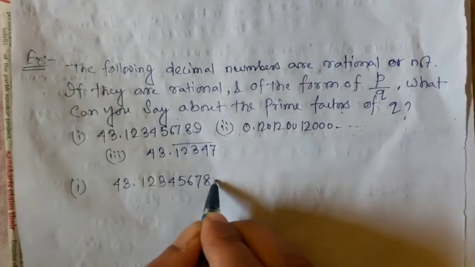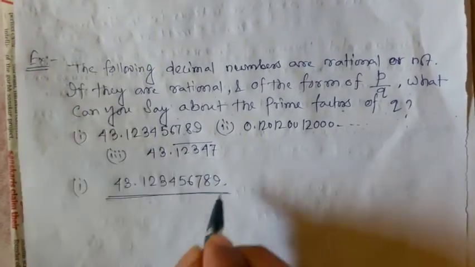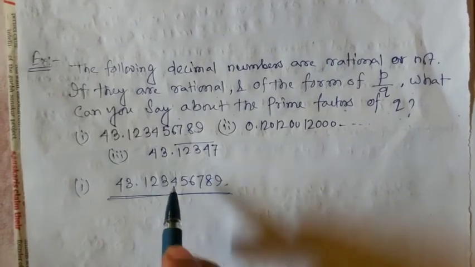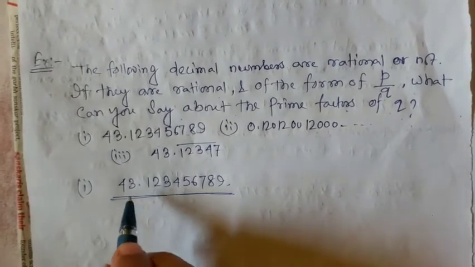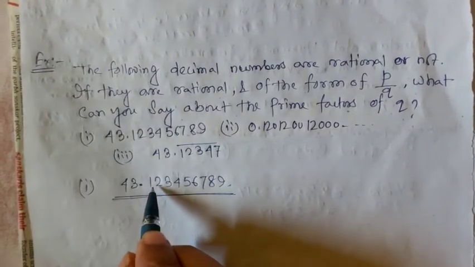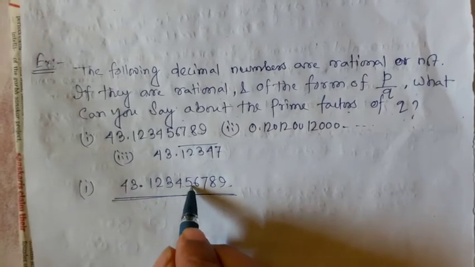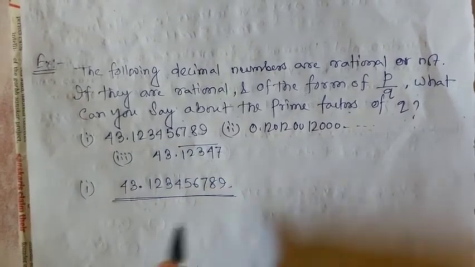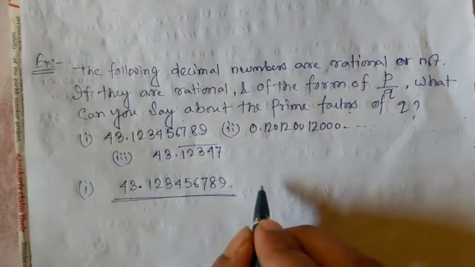43.123456789. At first we have to say whether this is a rational number or not. Since after the decimal there are 9 digits, 1 2 3 4 5 6 7 8 9, that means the decimal has a finite number of steps.